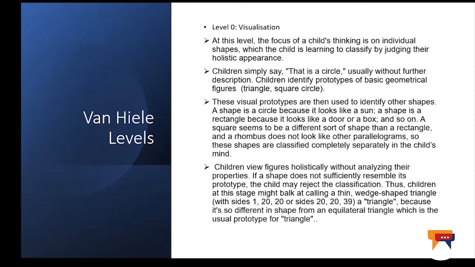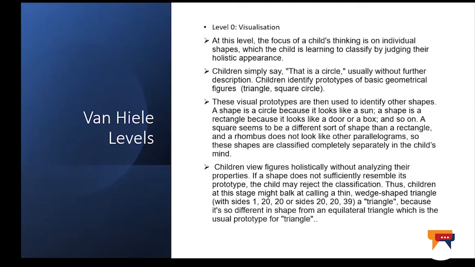A shape is a circle because it looks like a sun. These are some of the reasons that might be provided at this level. A shape is a rectangle because it looks like a door or it looks like a box, and so on. A square seems to be a different sort of shape than a rectangle, and a rhombus does not look like other parallelograms. So these shapes are classified completely separately in the child's mind.